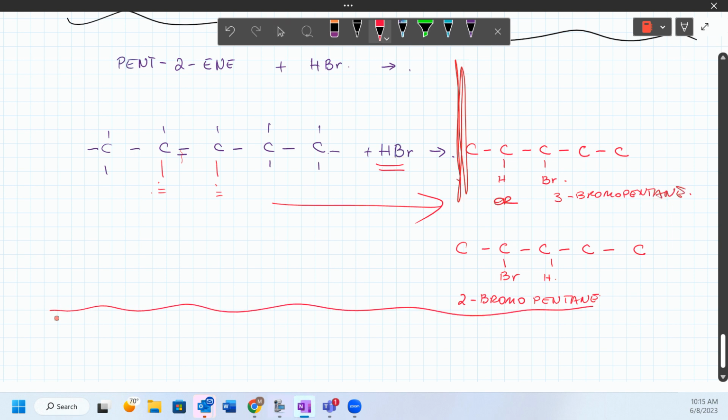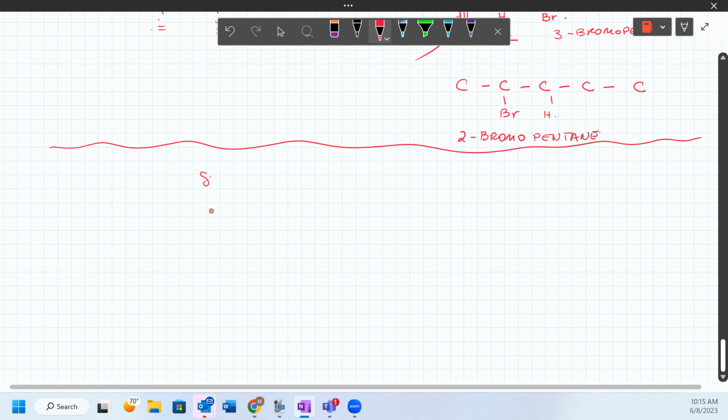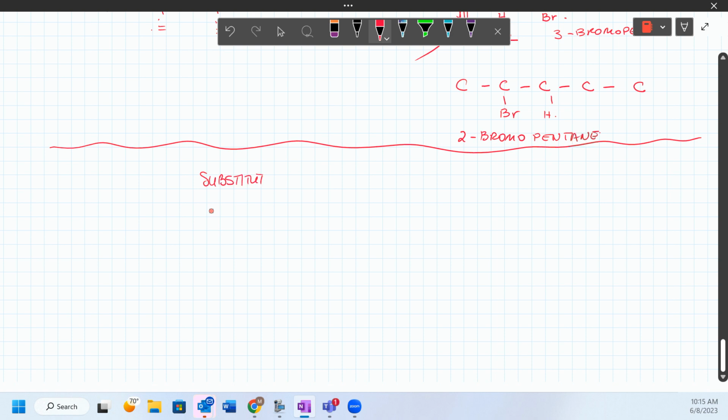So what do we see in the case when we have the substitution? The name is saying it. One of the hydrogens is replaced with a halide. So let's suppose this as a reaction, and now we are dealing only with single bonds here.